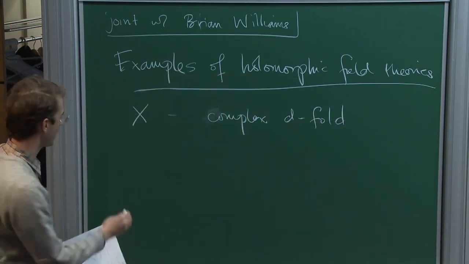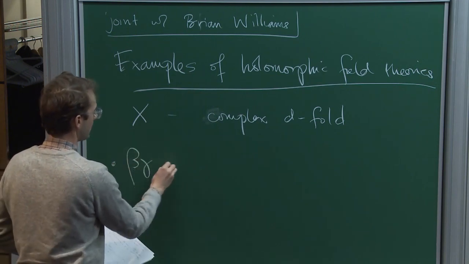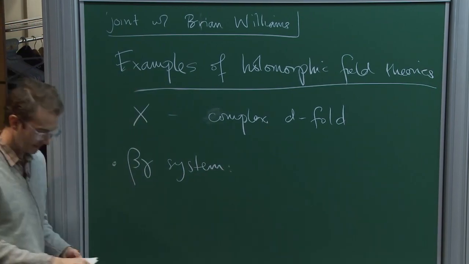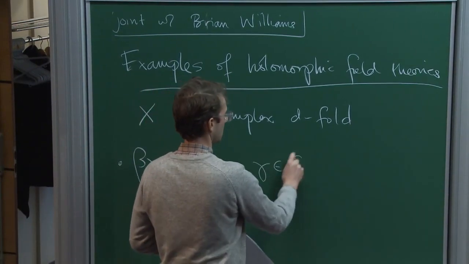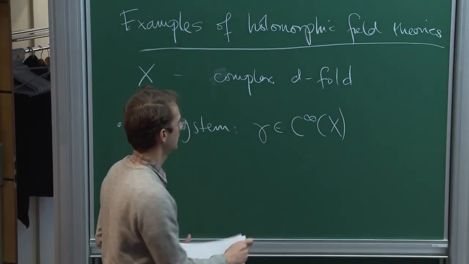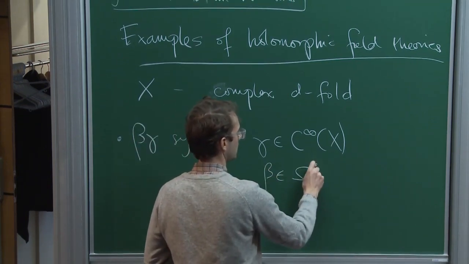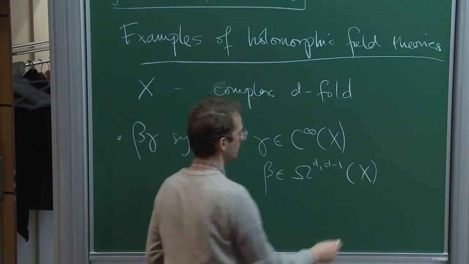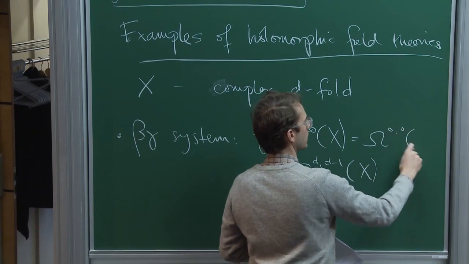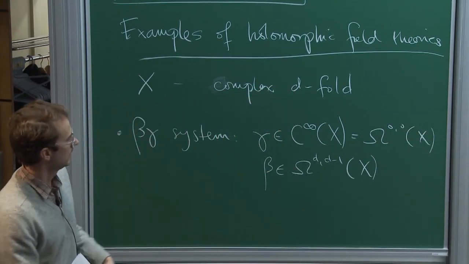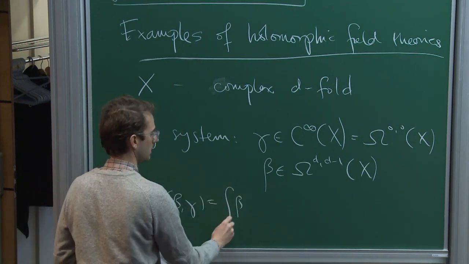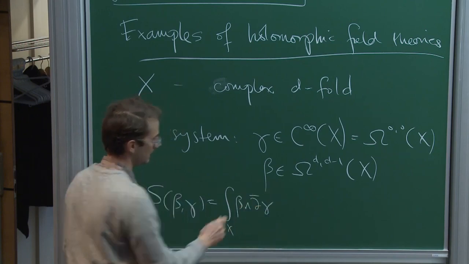So one example to bear in mind is known as the beta-gamma system. There's two fields, gamma and beta. So gamma is going to be a smooth complex valued function on X. Beta is a Dolbeault form, a d-1 form on X. And then the action is this.